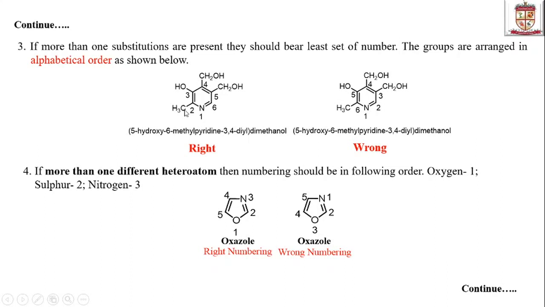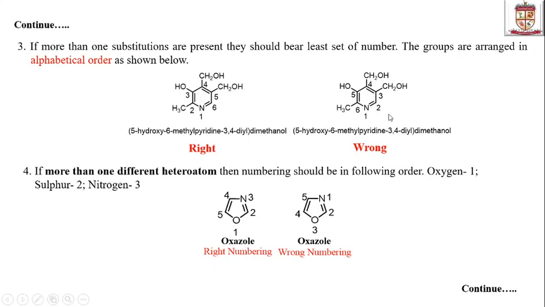That means first, as per the alphabetical order, the carbon group is first, then the oxygen, and then the other functional group, which is bulkier.